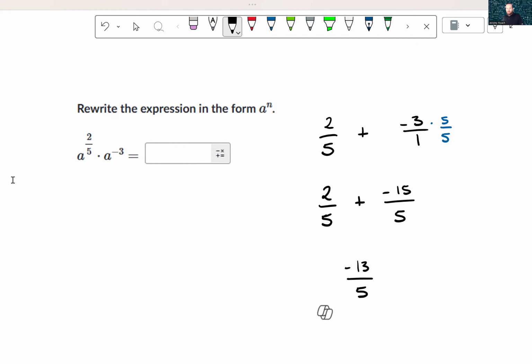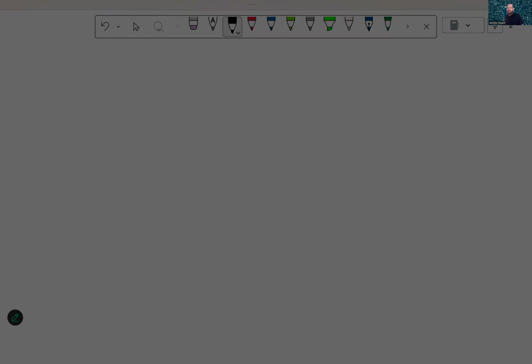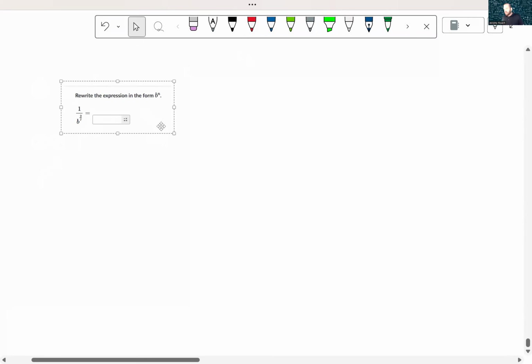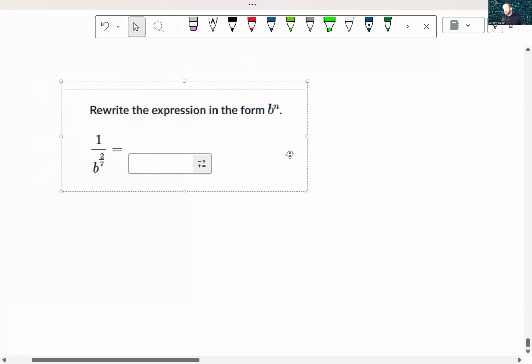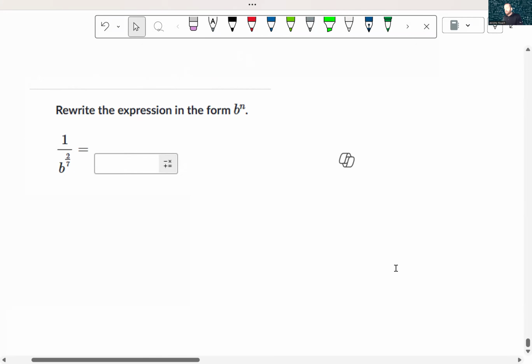All right, we'll do just one more of these. Sometimes the question will say to make sure that you write your answer as a positive exponent. But in this case, it's saying make sure you write your answer as an exponent that's not a fraction.